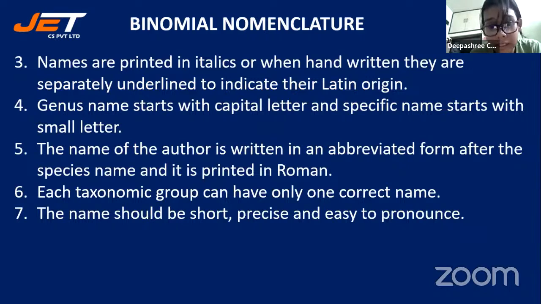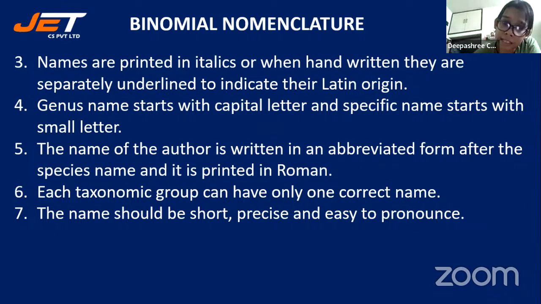The fourth is that the genus name starts with a capital letter, and the species name is written in small letters. Remember that when we are writing the names by hand, we can't write in italics. We have a specific handwriting that varies from person to person.